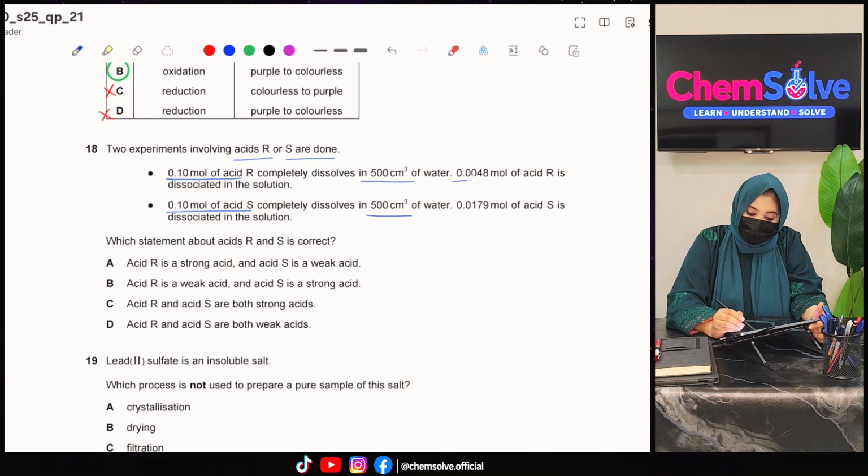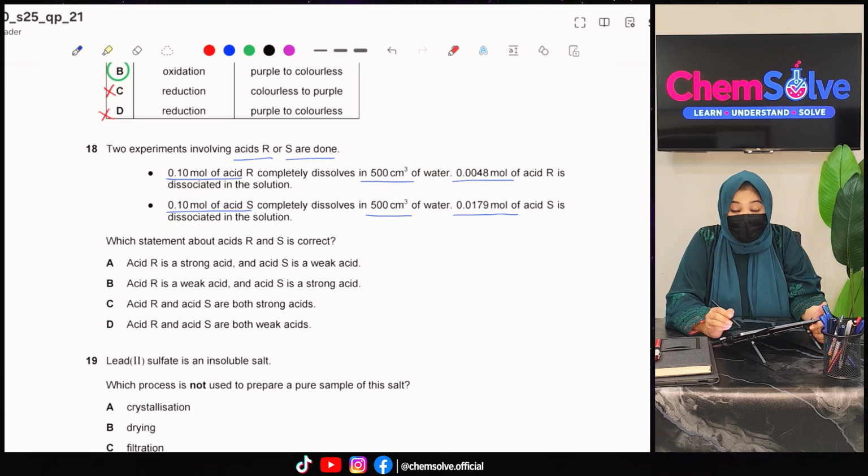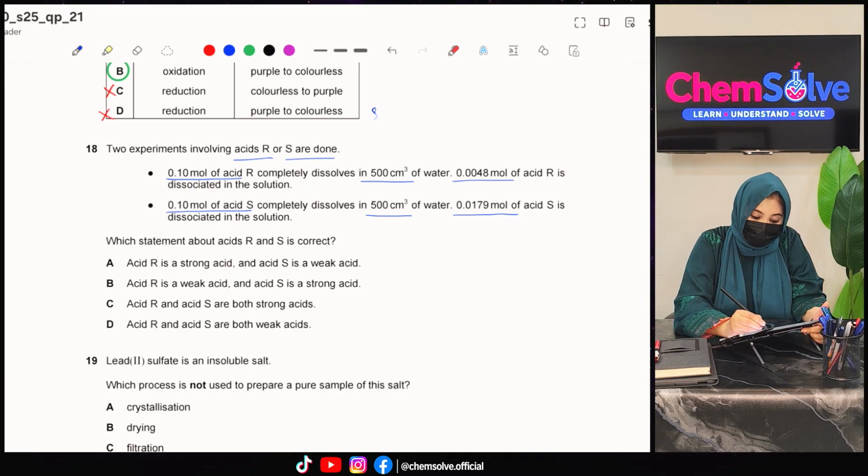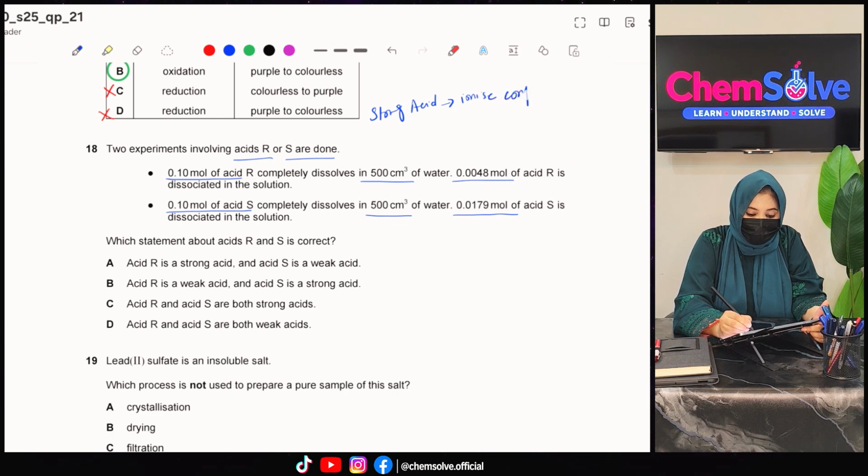It ionizes this much and it ionizes this much. None of them ionizes fully. So what is the definition of a strong acid? A strong acid is the one which ionizes completely. And what is the definition of a weak acid?